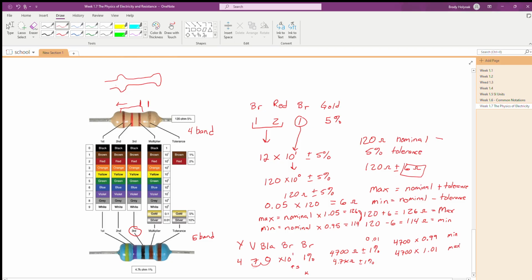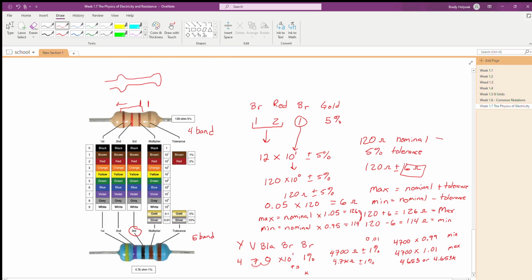And then when I do my math and my conversions, 4,700 times 0.99 gives me 4,653 or 4.653K.